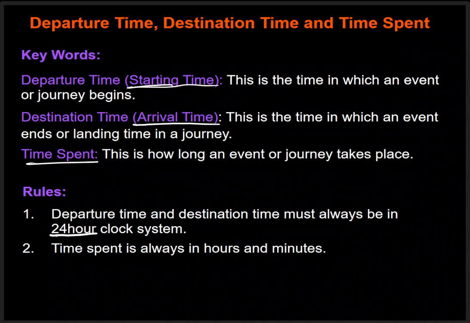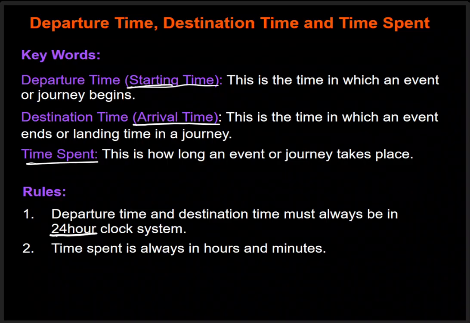While you are trying to solve for departure time or destination time or time spent, you must always keep your departure and destination time in 24-hour clock system. Now, number two is that your time spent is always in hours and minutes. Though we can have other units for time spent, for context sake, for this level, we'll be looking at our time spent in hours and minutes.